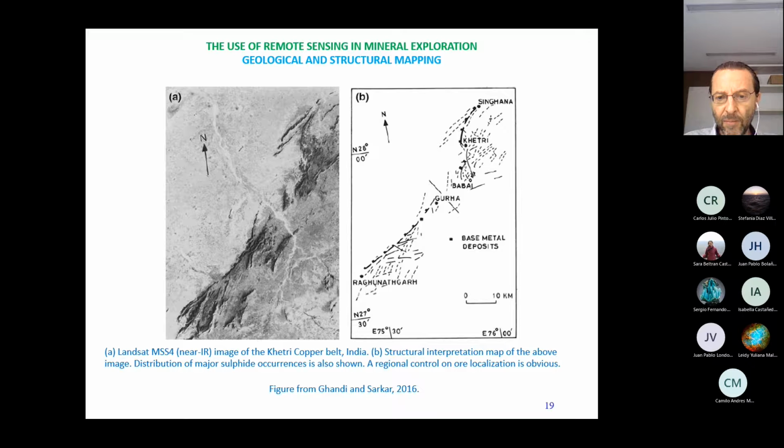Now here we have a little legend, and the legend says base metal deposits. And it shows, as you can see, this comes from India, so it shows different deposits, if we can see, they are squares. So the conclusion is that these deposits have a structural control, obviously.